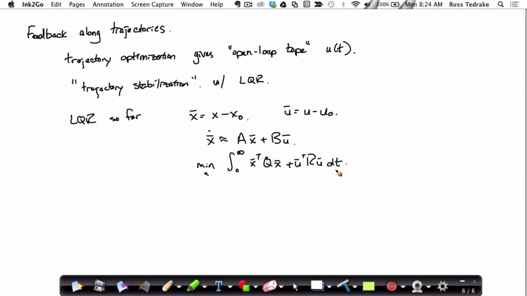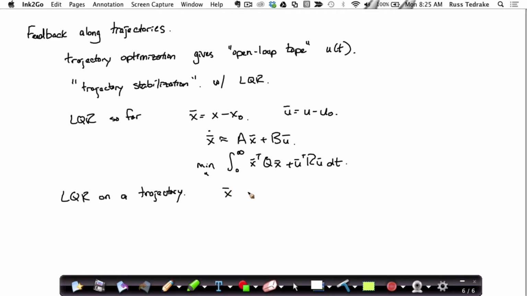Okay, so it turns out magically that this extends very easily to the case of a trajectory. So here's what's going to be different. Now we're going to linearize along the trajectory, which sounds like a funny thing, but it's not that bad.